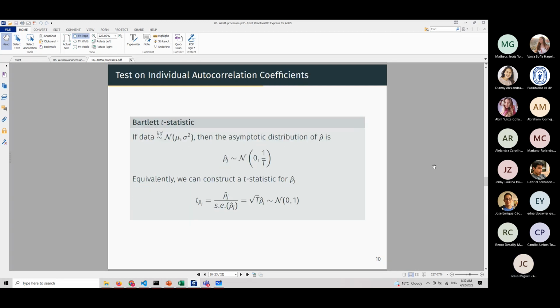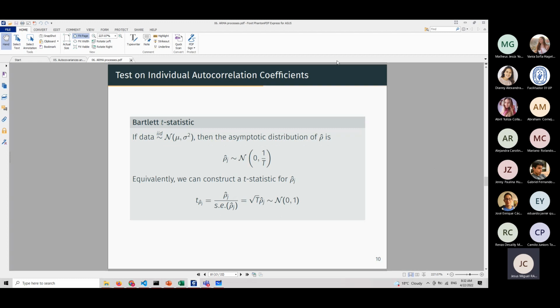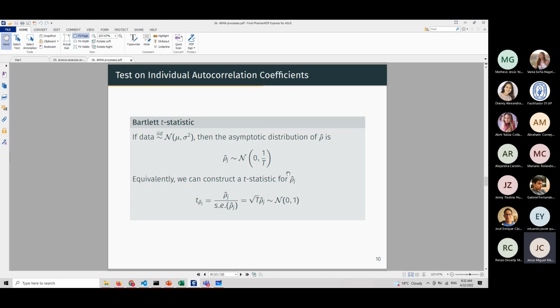Okay. The problem with the individual test is that, for example, if you are using a significance level of 5%, you are assuming that 5% of the times, or in other words, 1 in 20 times, you will make a mistake, and you are good with that.